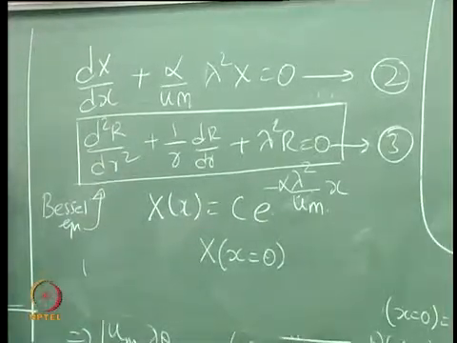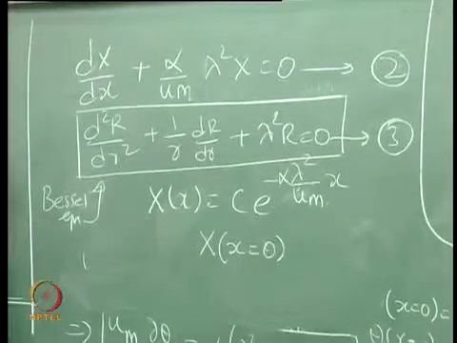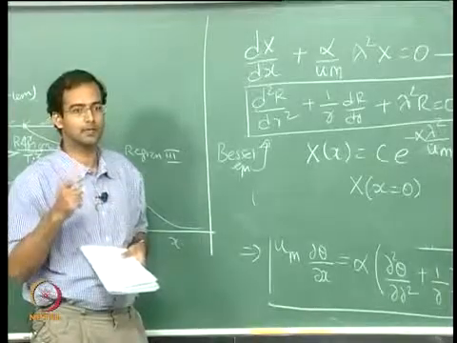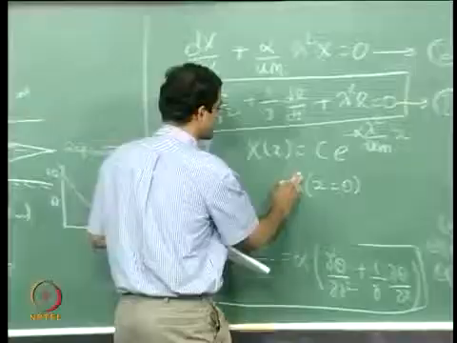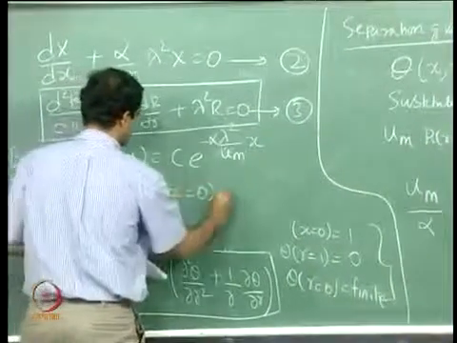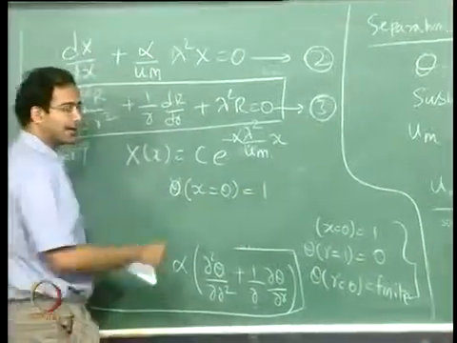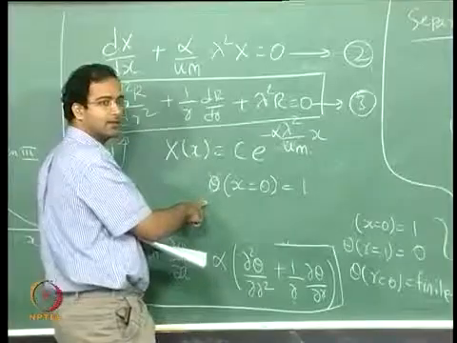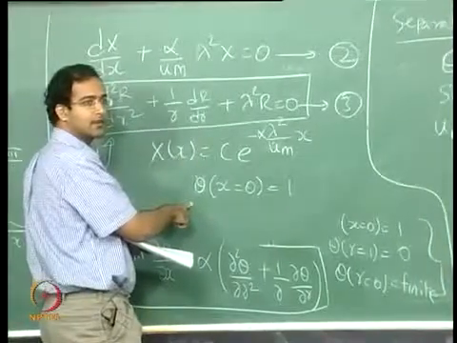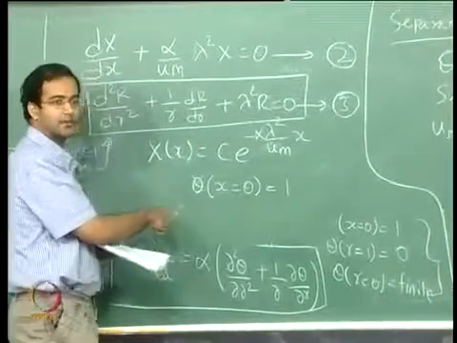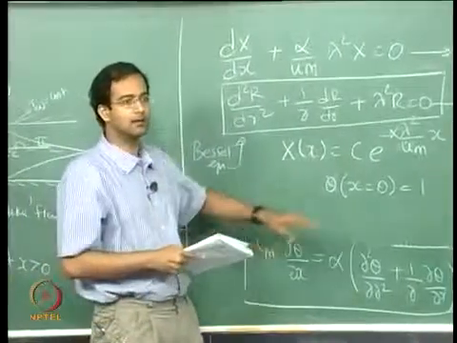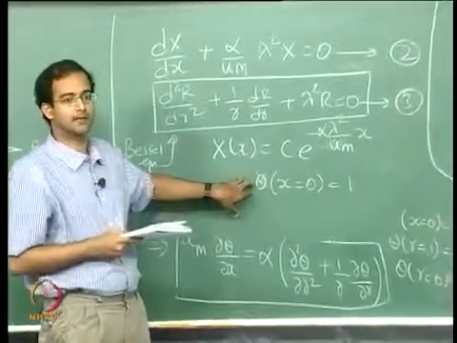Do we have any concrete boundary condition for X now? We don't. We have only a boundary condition for theta. So we know that theta at x equal to 0 should be 1. So you can write this as X at x equal to 0 into R should be 1, but from there we cannot deduce anything for X. So we will hold on and apply this boundary condition in the end.